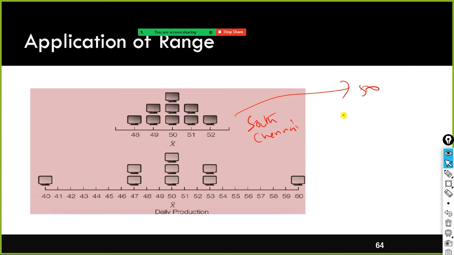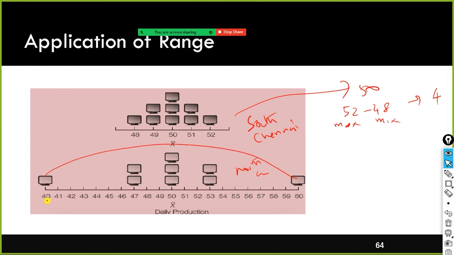What is the range here? 52 minus 48. This is the maximum value, this is the minimum value. The width of the data is just 4. But if you look at the data set in North Chennai, you could see a lot of inconsistency because the spread is too wide.